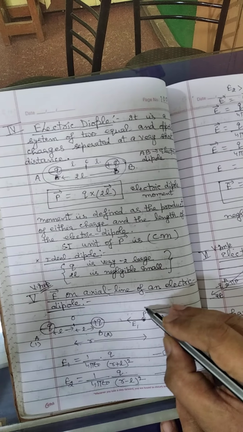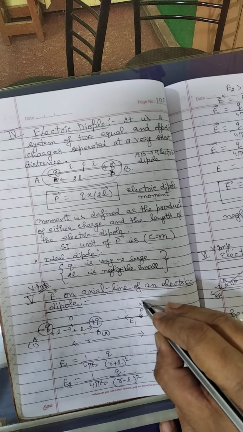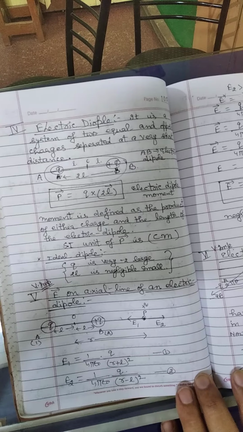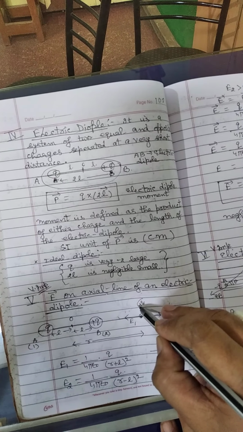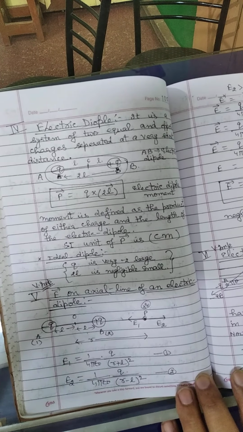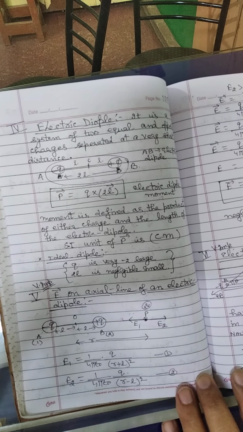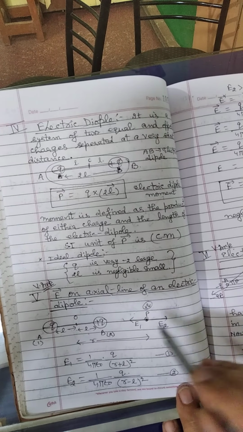So at the point P, we put the test charge Q0 for testing. Always, for knowing the direction, put the plus Q0 charge, which is known as the unit positive test charge.